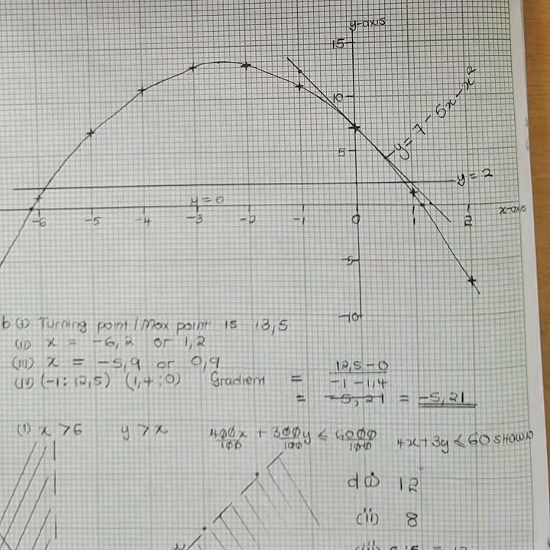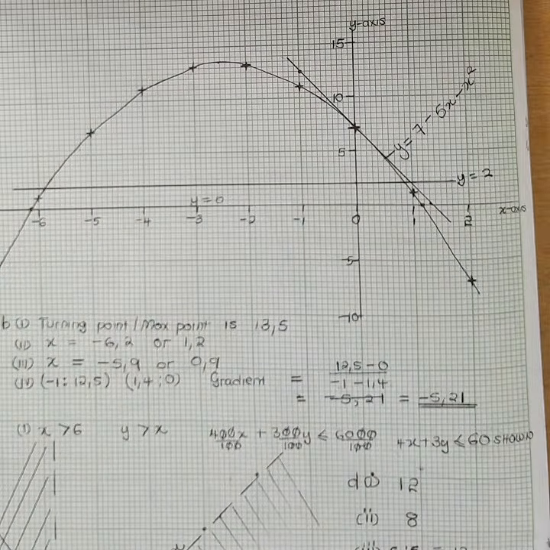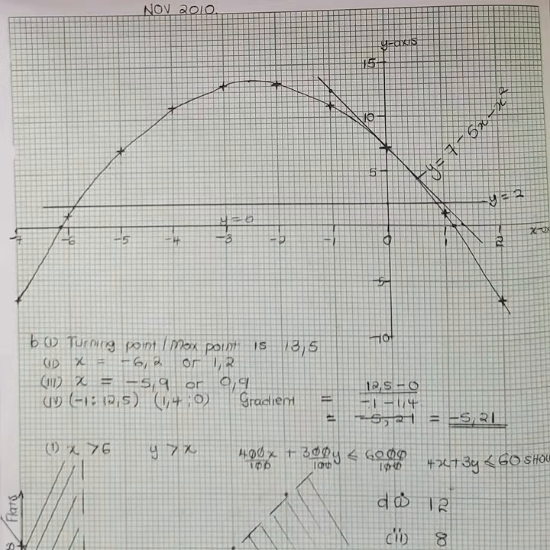So it means that x is equal to negative 6.2 or 1.2. This is how you use the graph to find the roots of the equation. You just need to write the x coordinates where the two graphs are meeting.